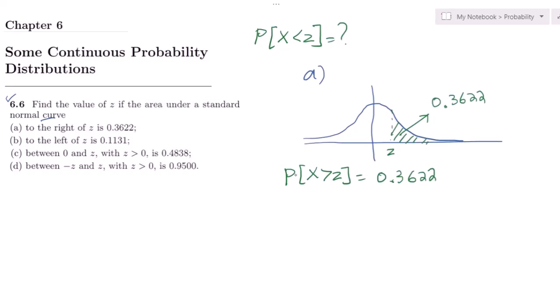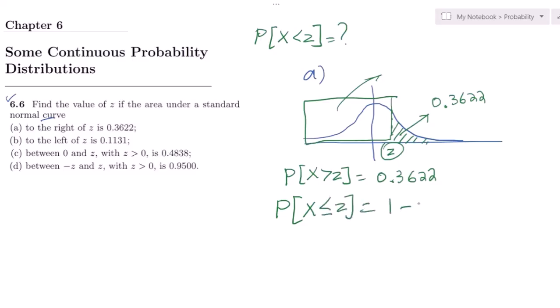We have to convert it in terms of that, so we find this whole area and subtract from it. The value for x less than or equal to z is 1 minus the probability that x is greater than z.